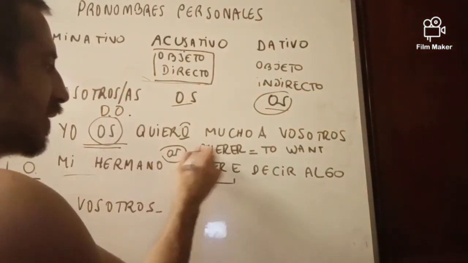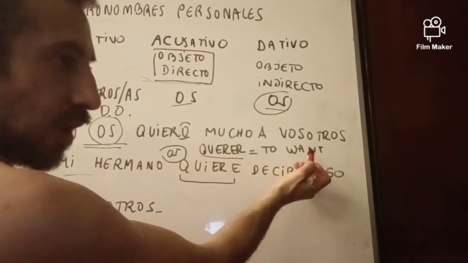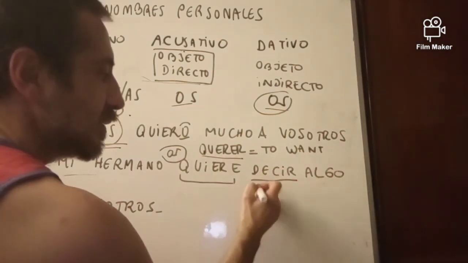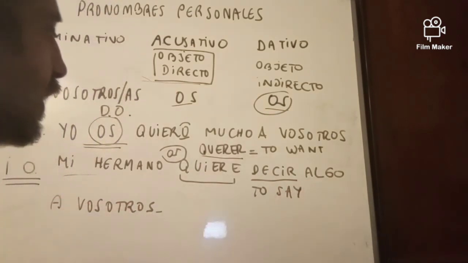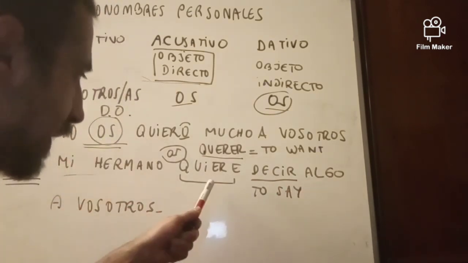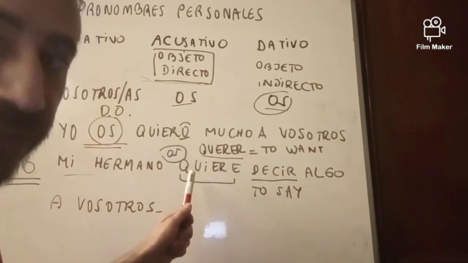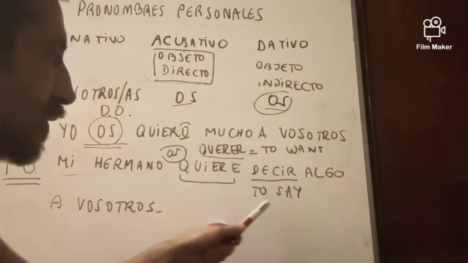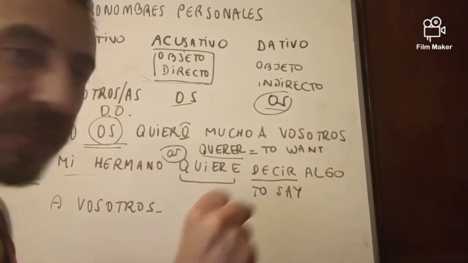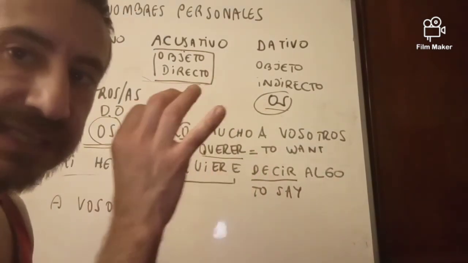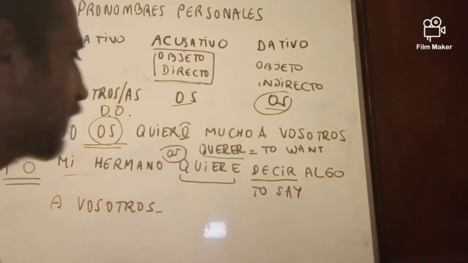Quiere comes from the verb querer, that means to want, and decir, to say. As in English, we conjugate the modal verb, to want, querer, and we keep the main verb in its infinitive form, decir.